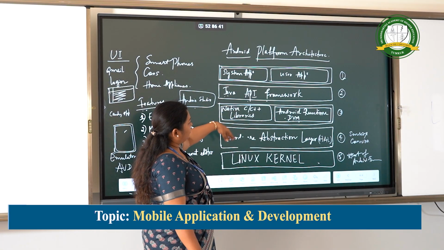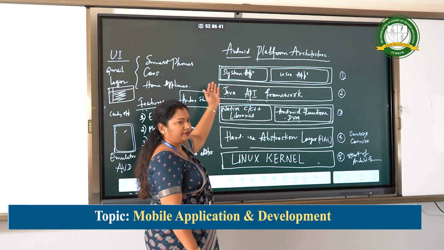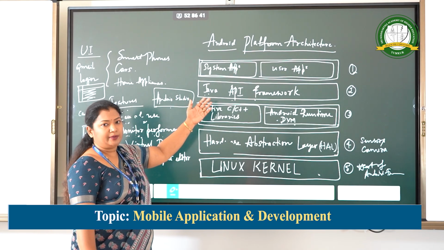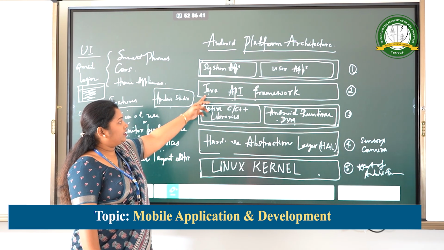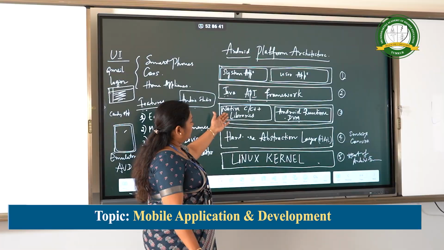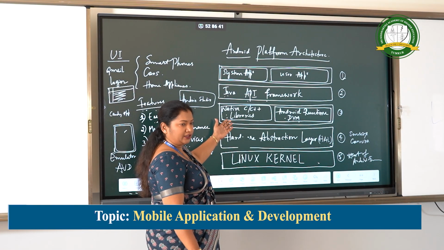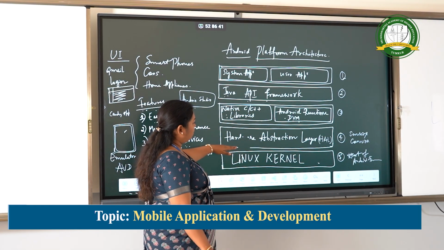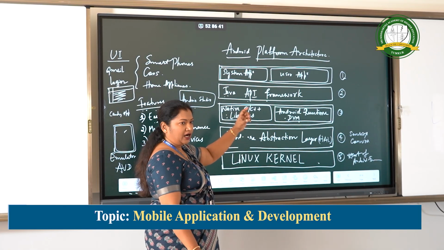Once again, I'll give you a glance. First layer is application layer where we come across 2 different types of applications, system apps and user apps. Second layer is Java API framework where we'll be using Java. Recently we'll be using Kotlin. Third layer is the supporting layer. The library methodology will be there along with DVM, that is Dalvik virtual machine. Fourth layer is abstraction layer. I gave you the example of camera, which is a hardware device.